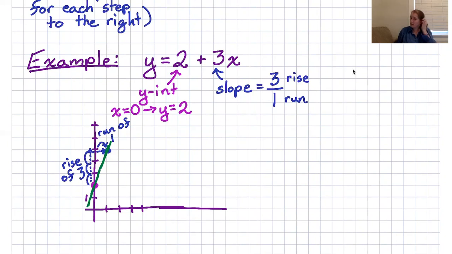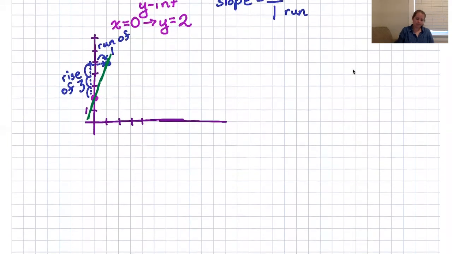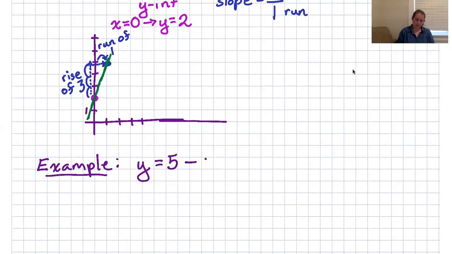If our slope is negative, if we have something minus something x, then we just go down instead of up. So for another example, if we have y equals 5 minus 2x, we have a y-intercept of 5, so x equals 0 is paired with y equals 5.